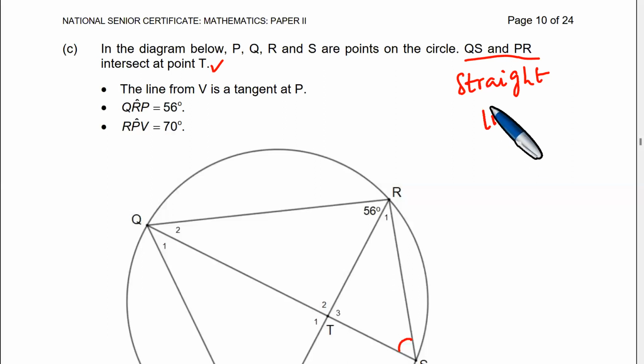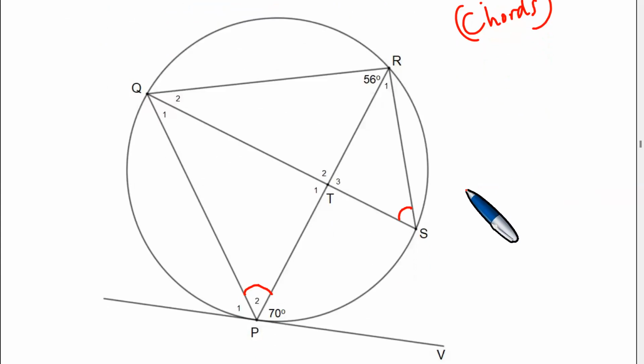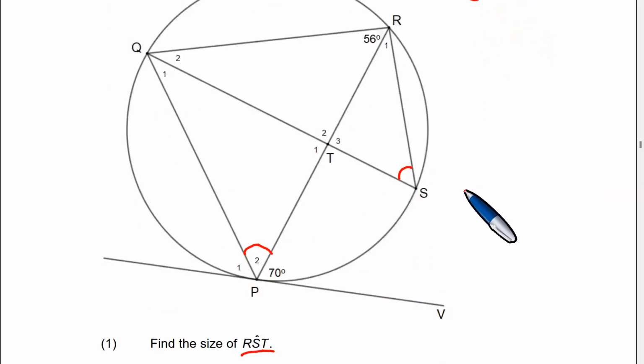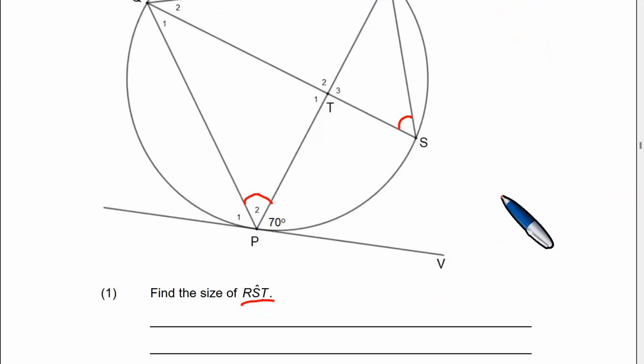Or you can say they are chords of the circle, and if they are chords of the circle, we can use the angles in the same segment theorem.